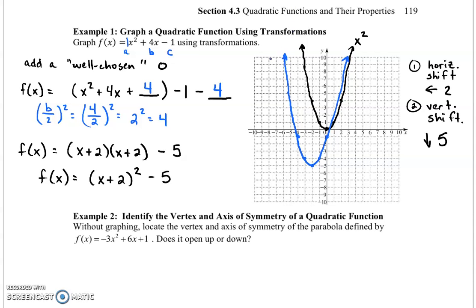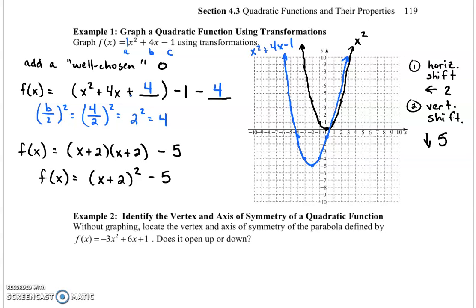So the blue line is our x squared plus 4x minus 1. So in some ways, the completing the square part's a little bit harder, but that's okay because we make up for it on graphing by transforming.